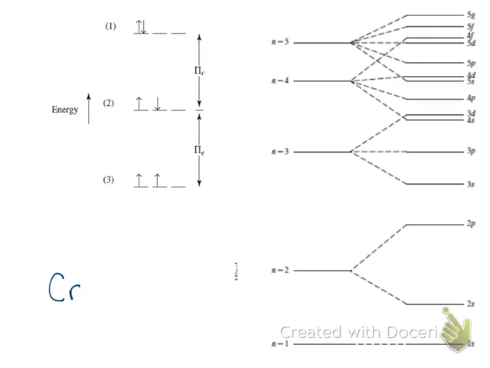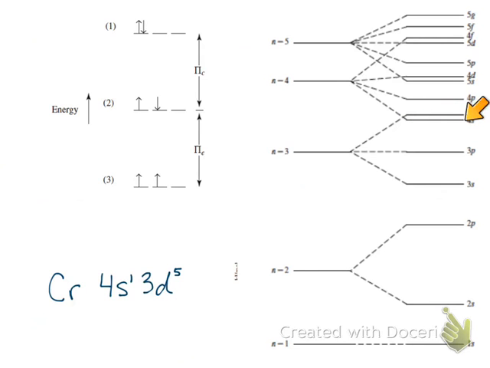So for instance, chromium, which you know has an electron configuration, if you look in one of the tables in your text, of 4s1 3d5. In other words, some of the d electrons have filled in before all of the 4s electrons have filled. Notice that in our previous table the 4s and the 3d energy levels are very close, so there's not a big energy gap between those.